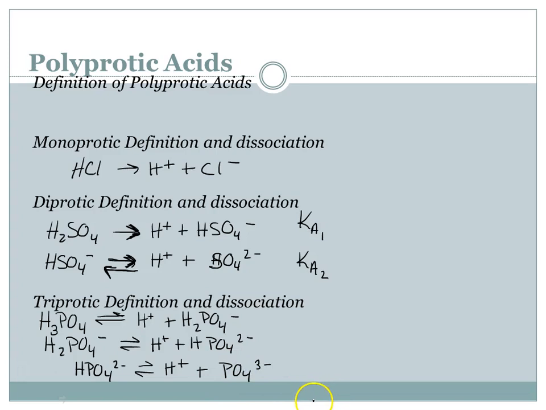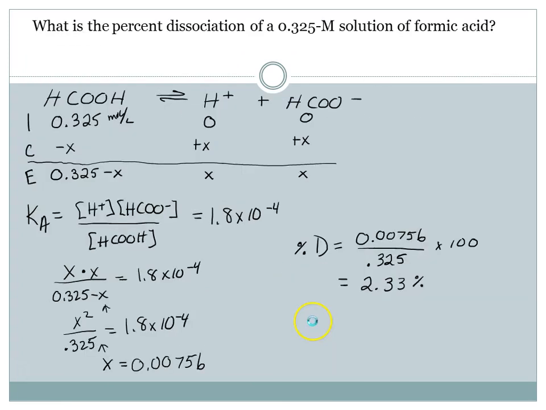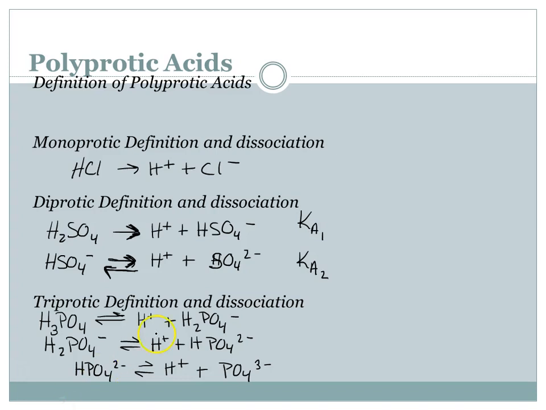Okay. Since this is triprotic and we get three different reactions that take place, that means that you're actually going to have three separate Ka values. That's Ka2. And you can write three different Ka expressions.